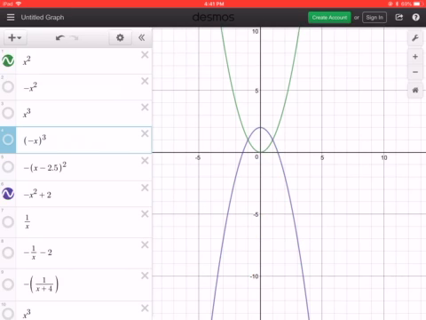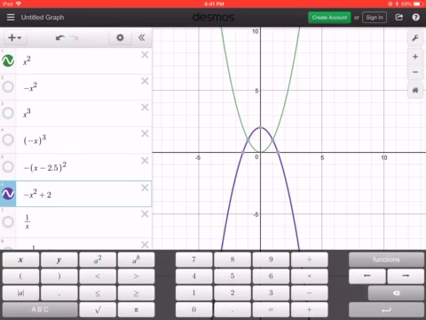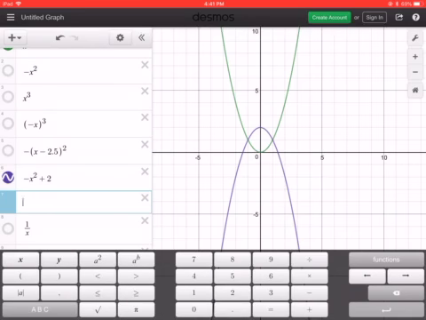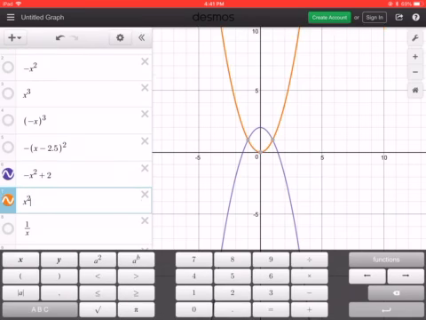So if I didn't reflect the graph, or the green graph, I actually moved the green graph up 2 units. So I actually did this: I did x squared plus 2. I had the orange, and then I reflected that orange graph over and created the purple graph.